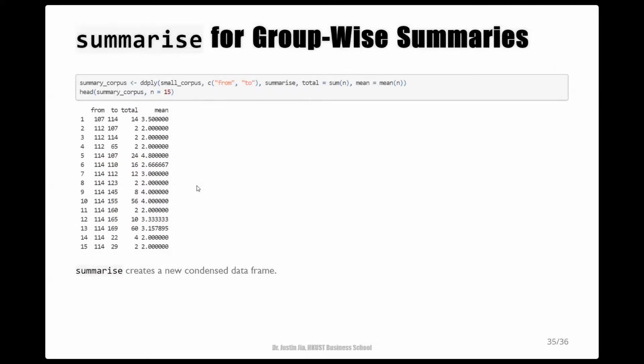Let's apply the ddply function to the unroam email data to see how it actually works. Because the ddply function only works with data frames, it takes the data frame as the first argument.